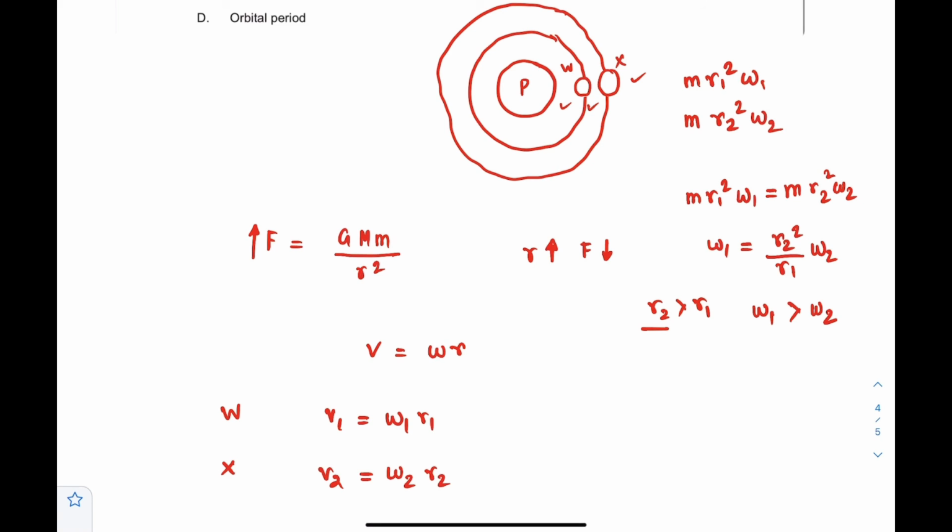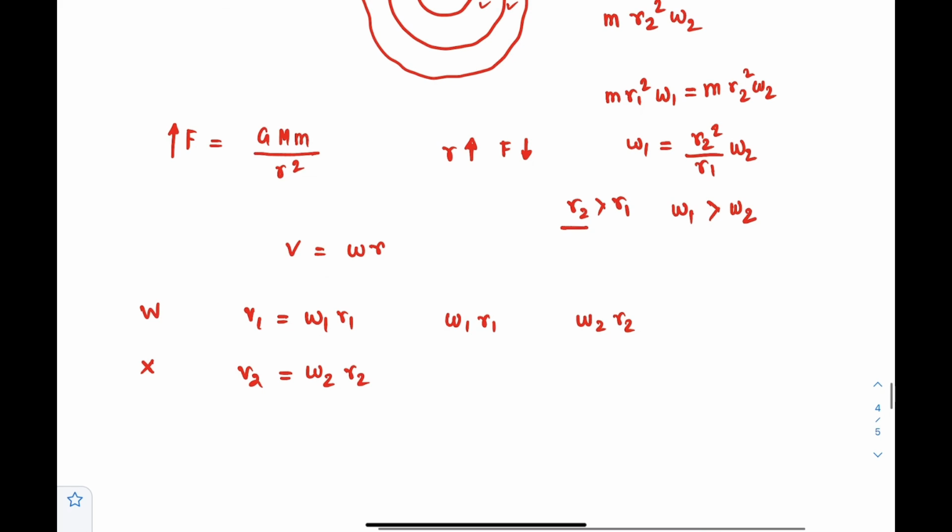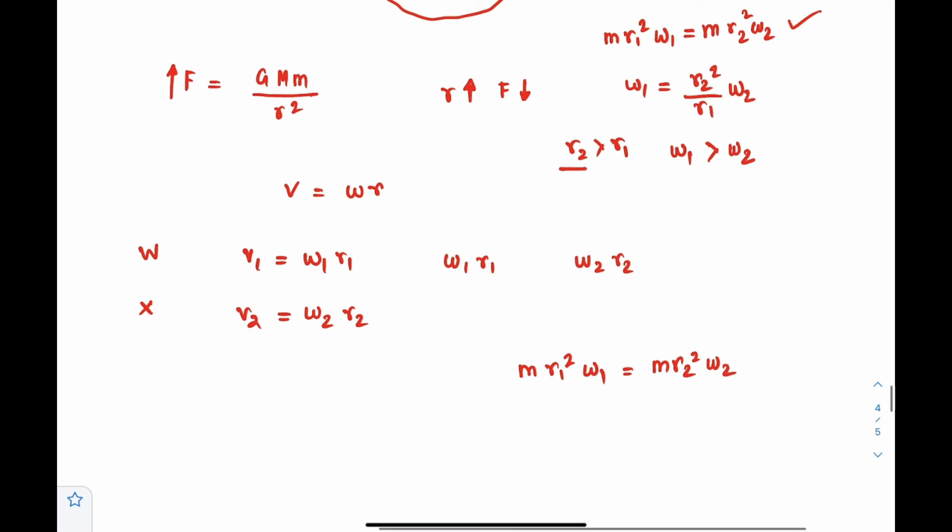Now we have to compare omega 1 R1 and omega 2 R2. Since angular momentum is conserved, m R1 square omega 1 equals m R2 square omega 2, so r1 square omega 1 equals r2 square omega 2.